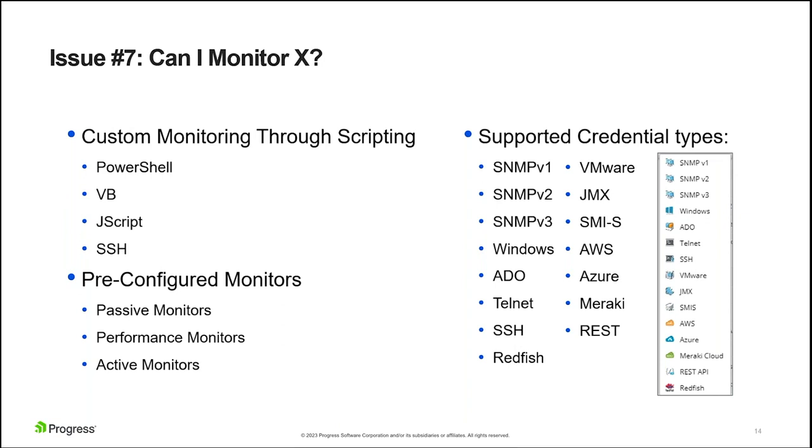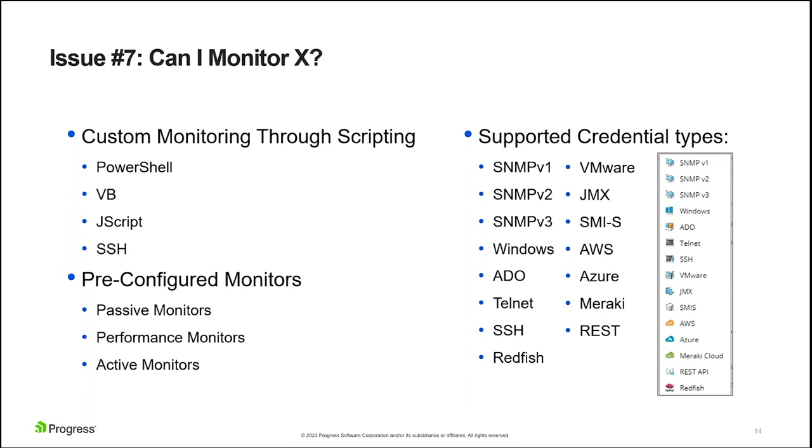There are a lot of different ways to do this, and we provide quite a few pre-configured methods using most things that you monitor. We'll start with a credential, however. So we have 15 different credentials. Some of them are industry standard, some of them are vendor specific. So in that realm, there are SNMP, Windows, VMware, some of the cloud-based credentials.